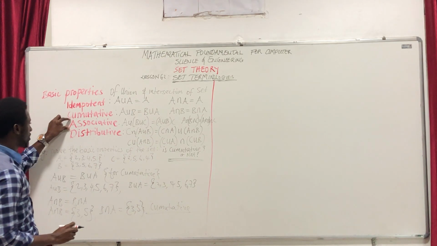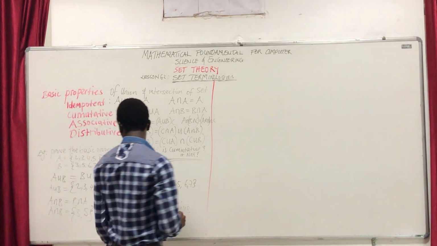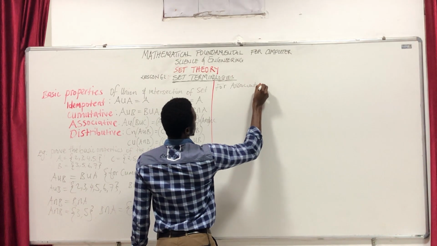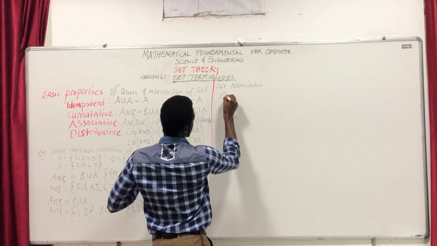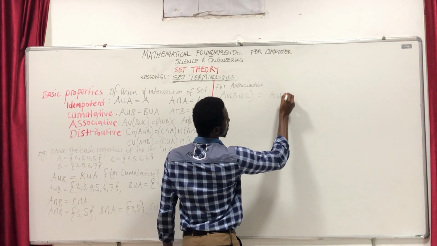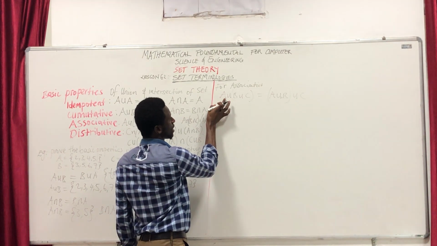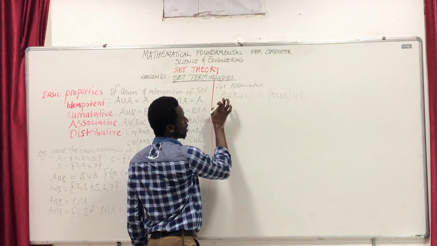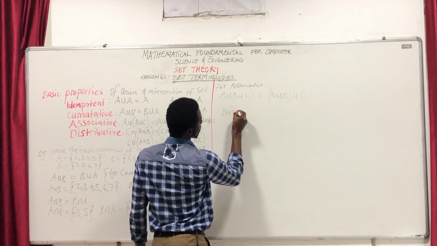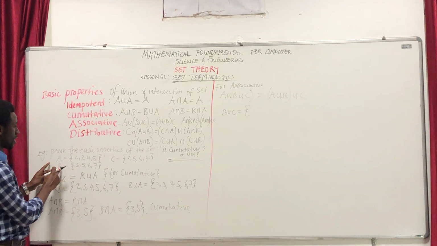Now let's check for the associative property, which says A union (B union C) must be equal to (A union B) union C. Here we first take B union C, and the result will be combined with A. So first we say B union C. What are the elements present when you combine B and C?